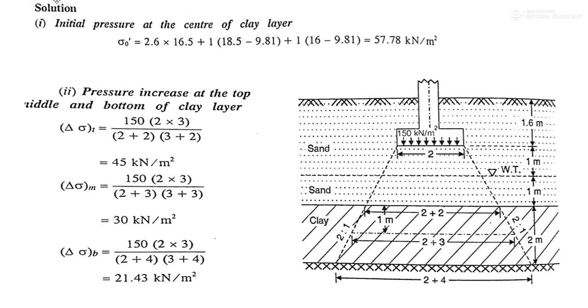Saturated unit weight minus unit weight of water is the submerged unit weight. Submerged unit weight into the height of the submerged depth, that is 1, plus again 1 into 16 minus 9.81. 16 is for the clay layer.